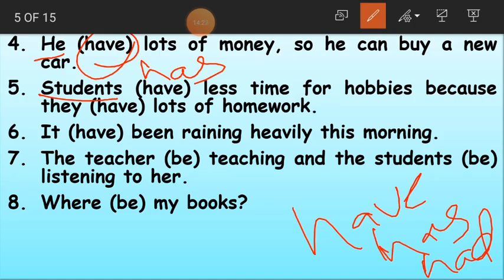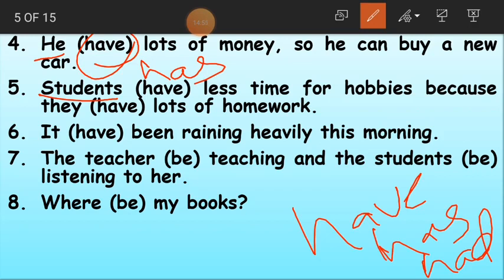They have less time for hobbies because they have lots of work. In which tense is this sentence? Are we talking about right now condition, or we are talking about yesterday's or tomorrow's condition? In general, we are talking about the condition of the students, the state of the students, that they are not having time for their hobbies. Okay, so it comes under present tense.